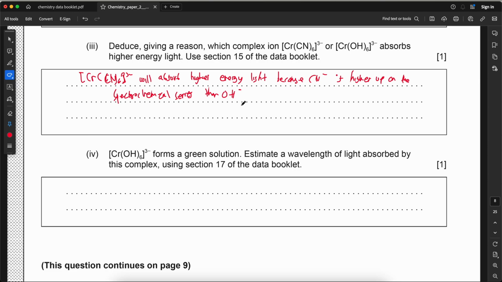This means that CN- causes greater d orbital splitting, which increases the energy difference between d orbitals, so higher energy light will be absorbed.